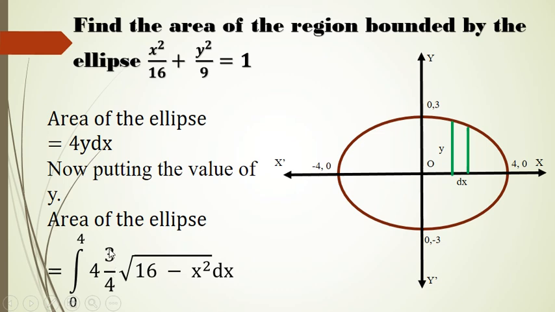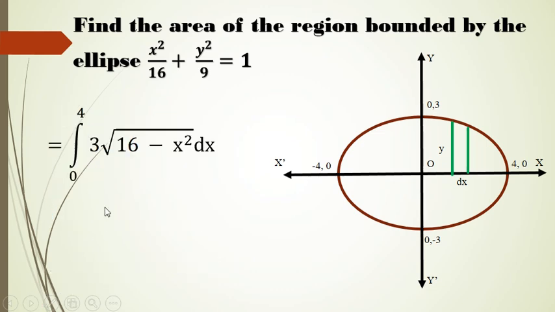Therefore I have written here 3 by 4, square root of 16 minus x square into dx. We cancel out 4, then we get, in the next step, integral from 0 to 4 of 3 times the square root of 16 minus x square into dx.